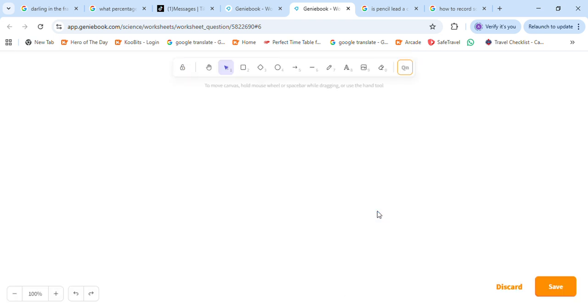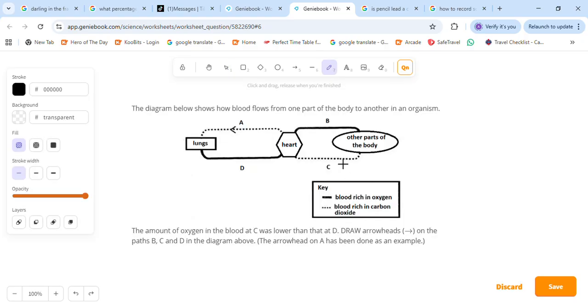So let me just draw. I'm going to guess that there's an arrow here.